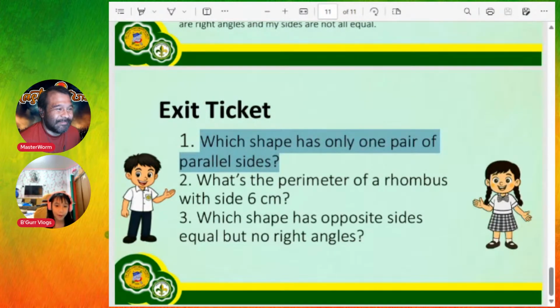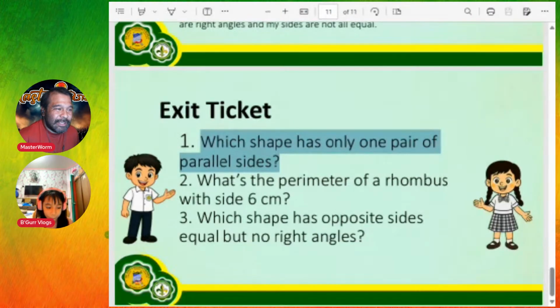Write it on the paper. You will be adding 6 four times. So 6 plus 6 plus 6 plus 6 is 6 times 4. How much is it?